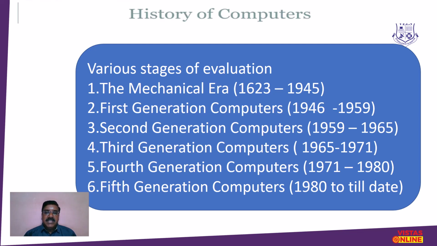The first generation of computers is 1946 to 1959. The second generation is 1959 to 1965. The third generation is 1965 to 1971. The fourth generation is 1971 to 1980. The fifth generation is 1980 till date, and we are still in the fifth generation of computers.